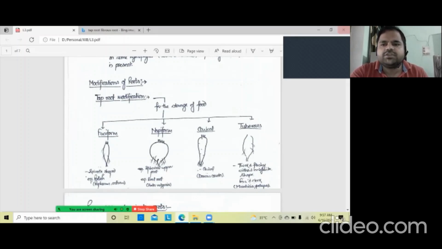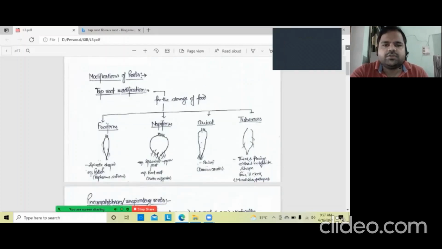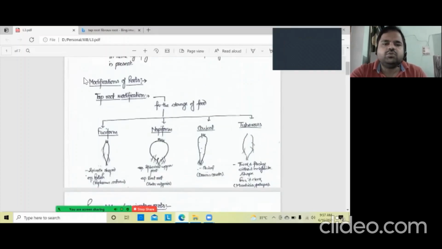Now we will see the modification of the root. Why does modification in the root take place? Just because it has to perform some more functions apart from those of the root. So we can see first the taproot modification. When we talk about the storage of food, we can see the taproot modifies in different forms.